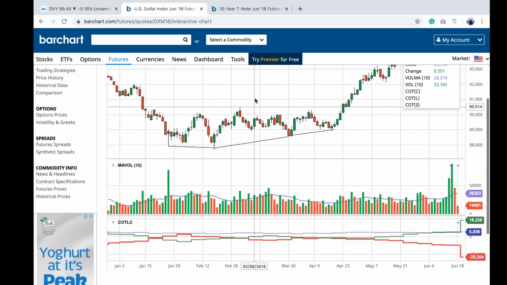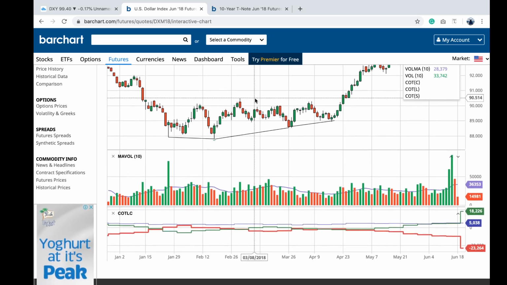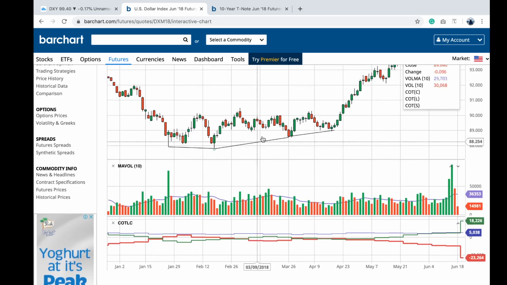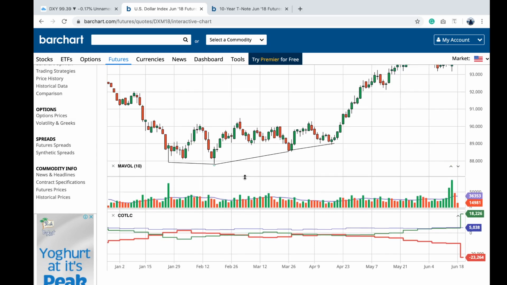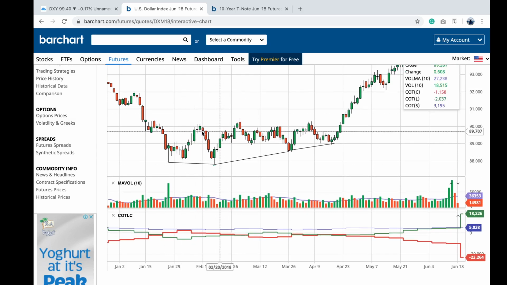Okay, so also one more thing I want to point out to you guys is, if you notice, while price was inside this range, let's now bring up our COT data. So let's pull this down a bit lower. You notice, whilst price was inside this range, the COT was above the midpoint of its range, above the zero mark.